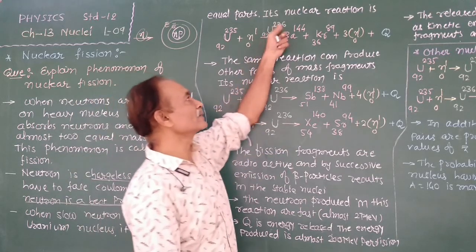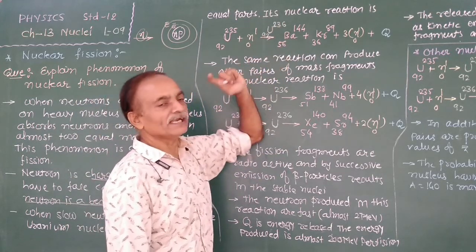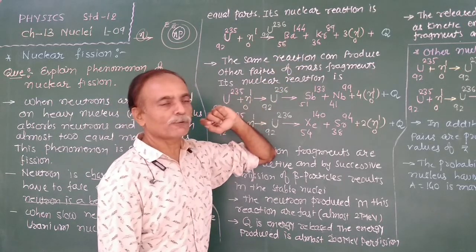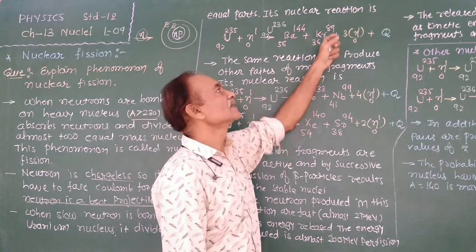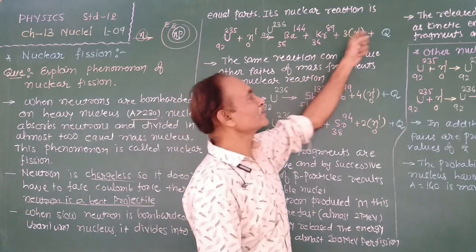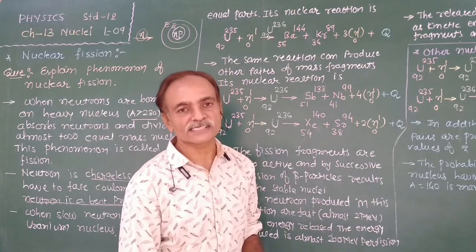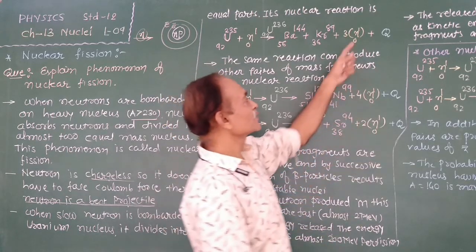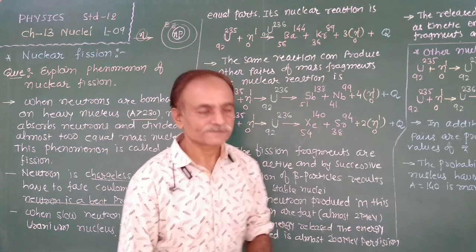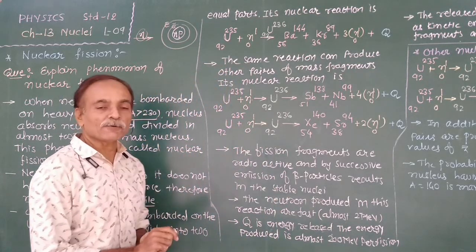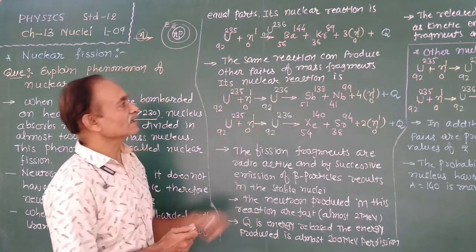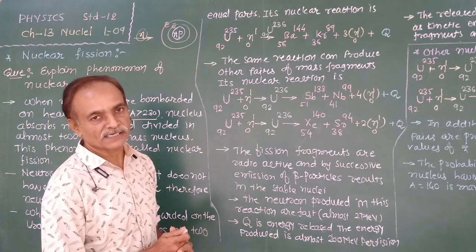This unstable nucleus of uranium gets divided into two parts: one is barium 56-144, the second is krypton 36-89, plus 3 neutrons are also produced as a product, plus Q amount of energy is also emitted. Now the other possible reaction is that the same reaction can produce other pairs of mass fragments.